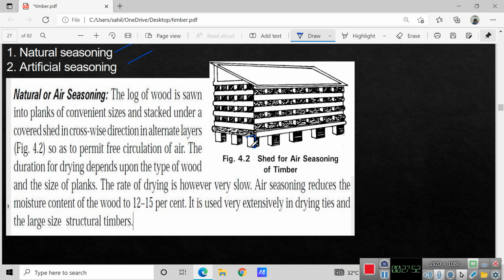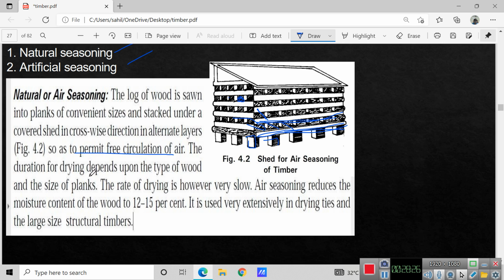Some supports are given, and on that wood is laid in the horizontal direction, and the next layer is kept in the perpendicular direction, and again in the horizontal direction, in the opposite direction. So they are laid in a special form for better airflow. These black spots are the gaps, so as to permit free circulation of air.